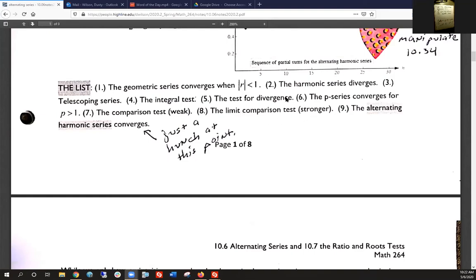Yesterday we learned about the limit comparison test, which is stronger. And now we have that the alternating harmonic series converges. We haven't proved it, but we got a pretty strong hunch at this point that that's what's going to happen.